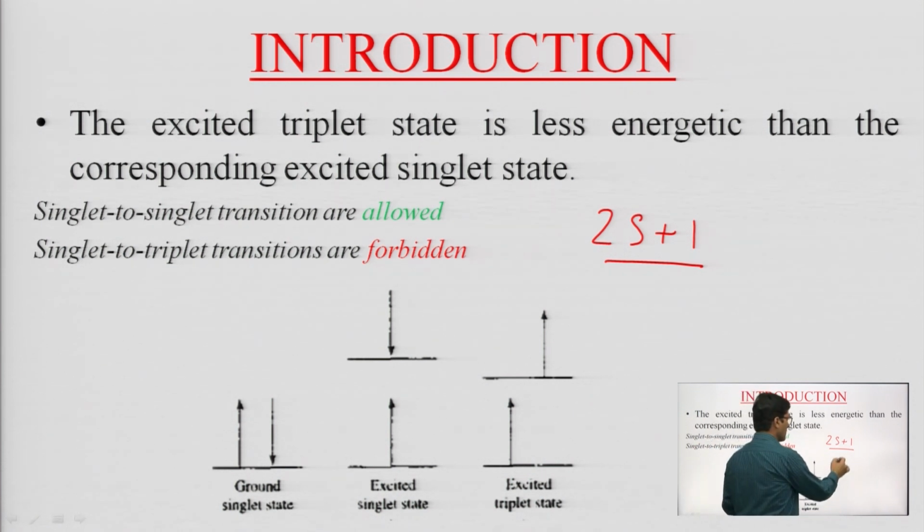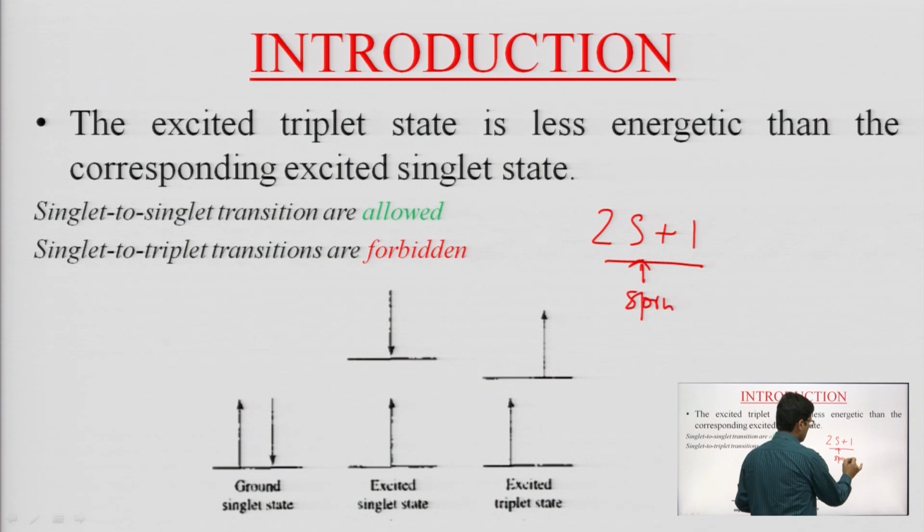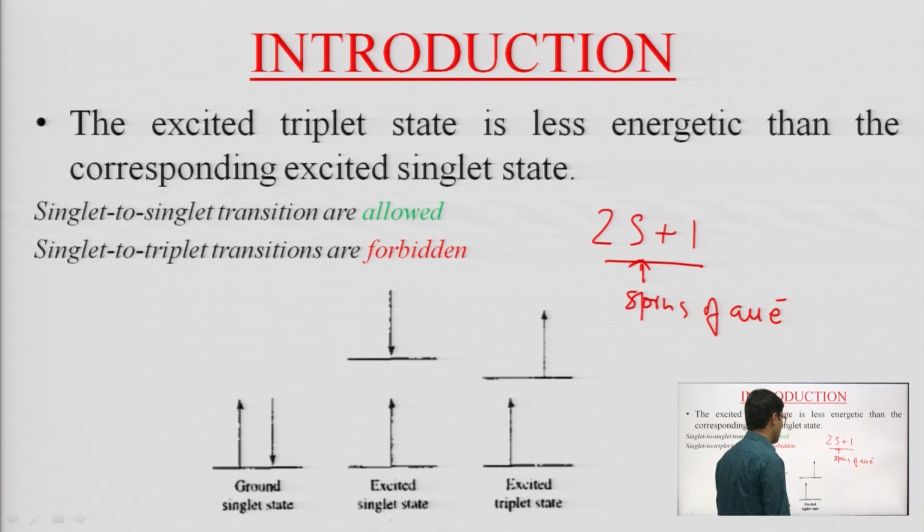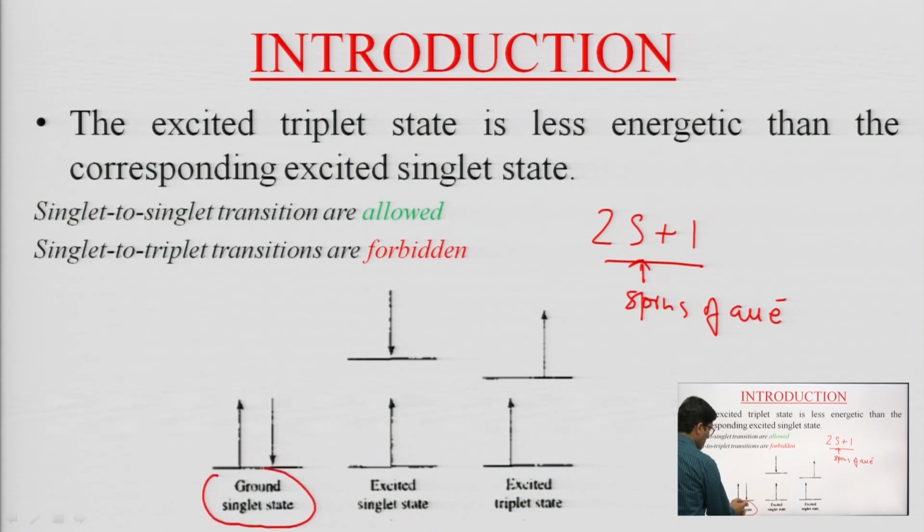where S stands for the spins of all electrons present in a particular orbital. When we talk about the ground singlet state, it has 2 electrons with opposite spins, and that condition is called a spin paired condition. The spin of a single electron facing upward is represented by plus 1/2, and the spin of an electron pointing downward is represented by minus 1/2.